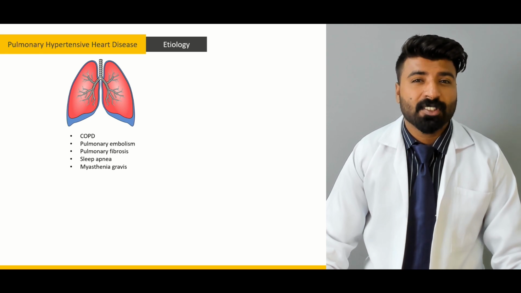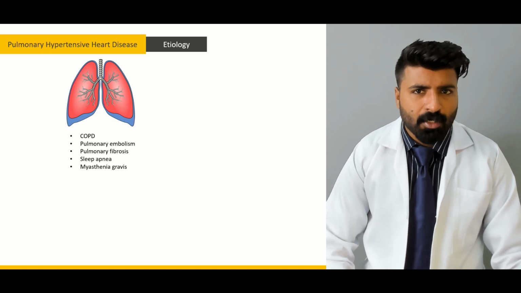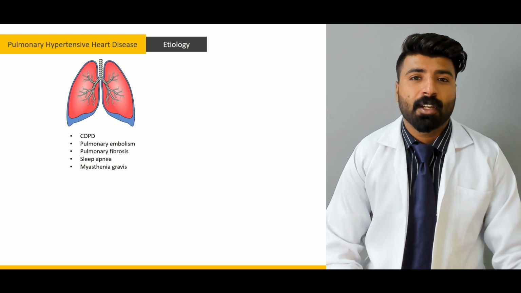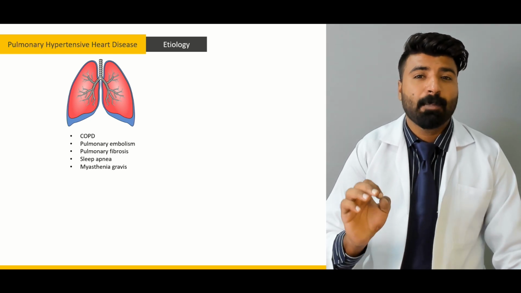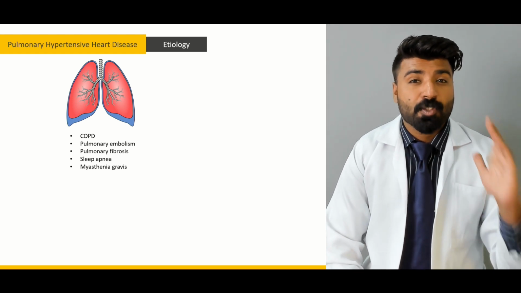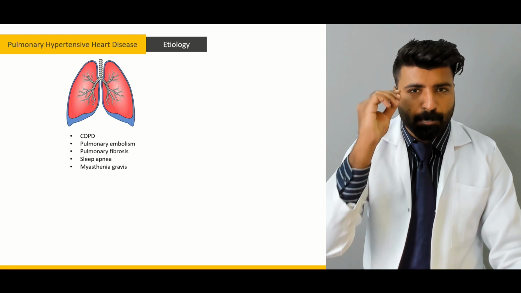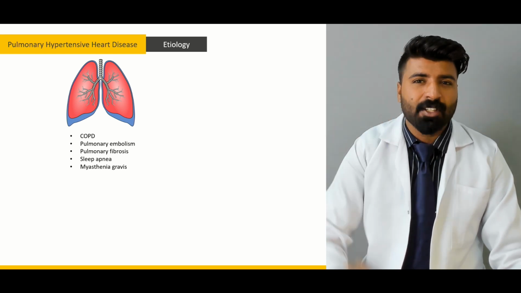These are called episodes of apnea, in which the patient is not breathing. The patient must be trying to breathe, but is unable to breathe. Sleep apnea can be central, or it can be obstructive. Central sleep apnea means there's something wrong with the brain, something wrong with the respiratory center.